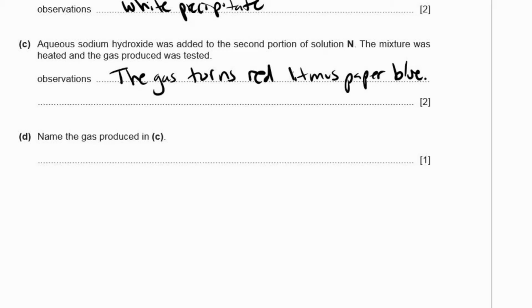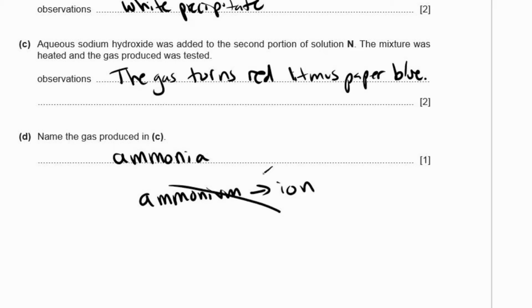D, name the gas produced in C. Well, that is ammonia. Now be very careful. Remember, ammonia is the gas. Ammonium is the ion. So it's not ammonium, it's ammonia.